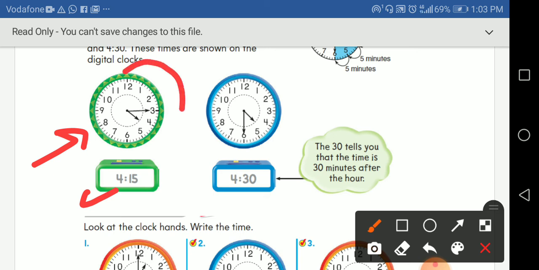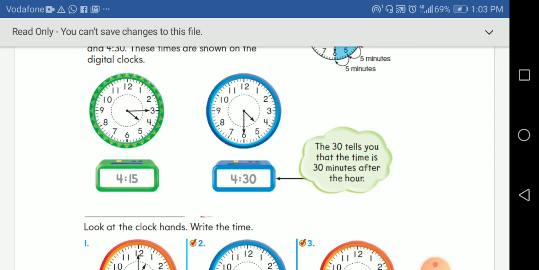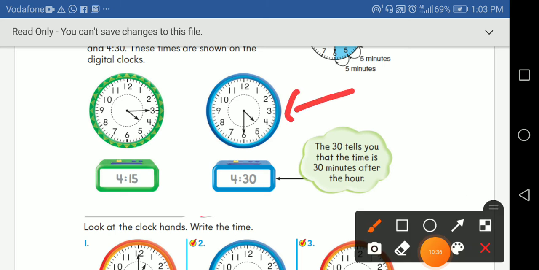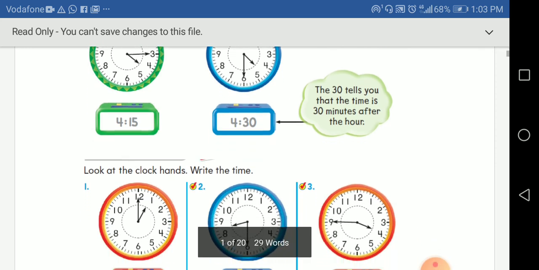Why quarter past? Because we got here 5 minutes, another 10 minutes, 15 minutes. So this is 4:15 or quarter past 4. And now, what's the time here? It's 4:30, half past 4.